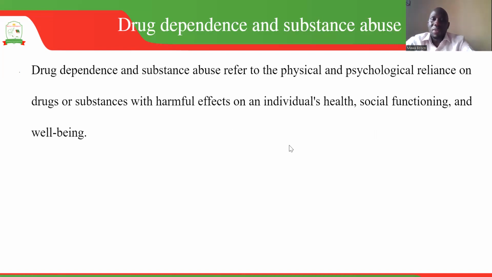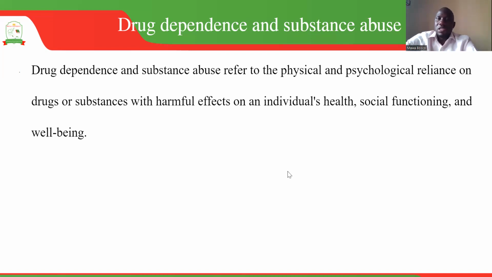Now we move to one major problem that happens, which is what we call drug dependence and substance abuse. This happens when an individual physiologically, psychologically, and physically relies on drugs or substances that actually have harmful effects on their bodies, social well-being, and also function.